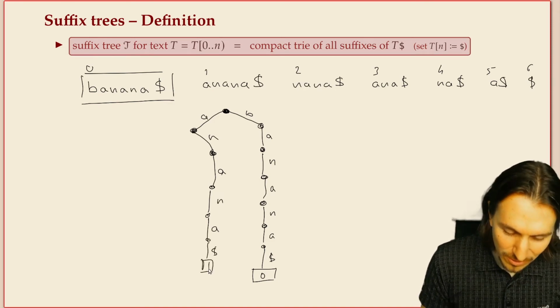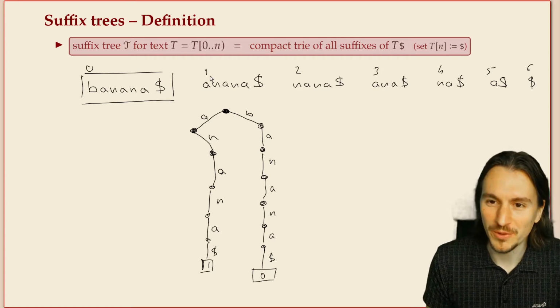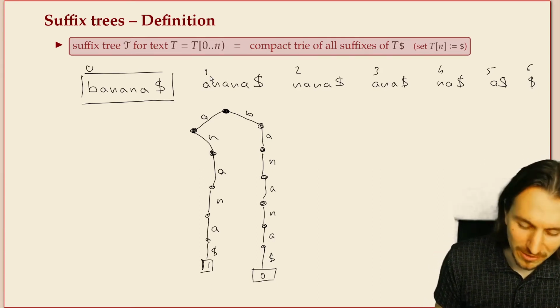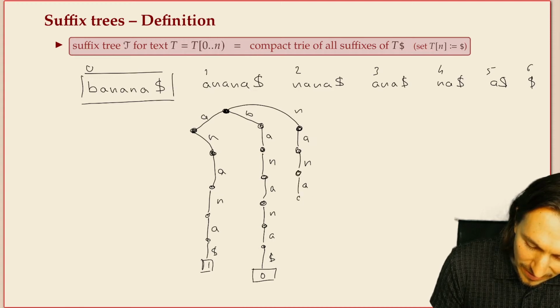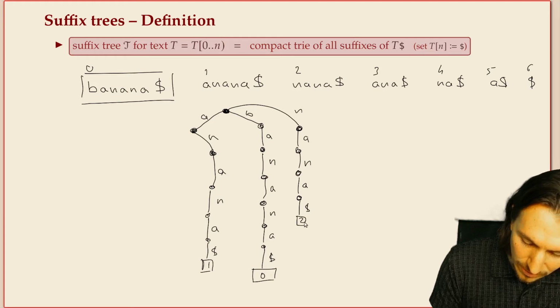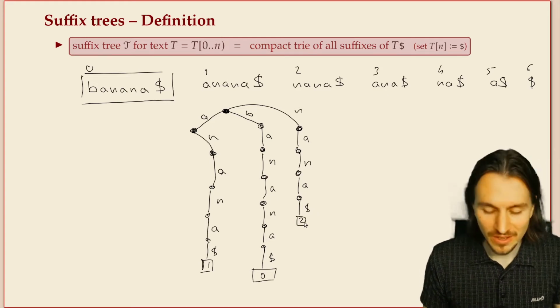And that brings us to the suffix starting at 1. Okay, and I guess you see the picture now, roughly how this goes. And we need another edge here for nana. Na. And the $. And that brings us to the suffix starting at 2.